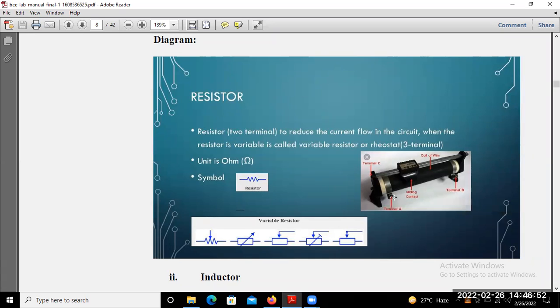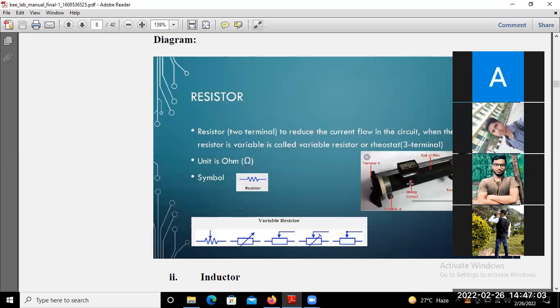So you may see these two terminals A and B, and this one is your moving point. Suppose you want to connect this rheostat in a circuit at the minimum resistance position.